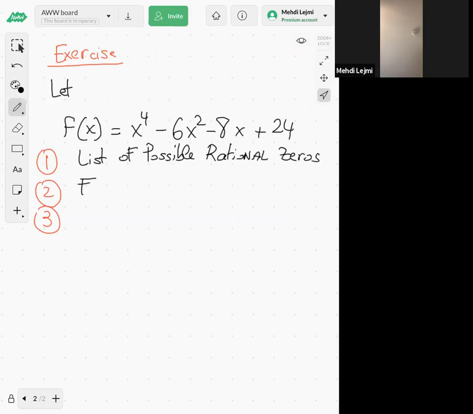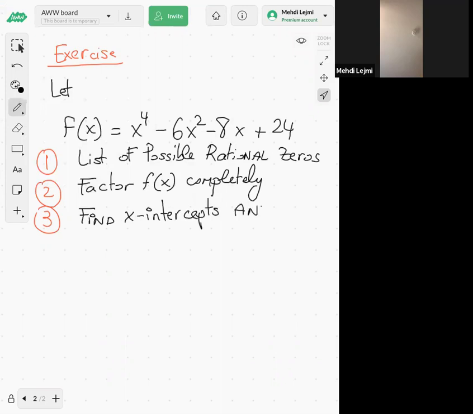Factor f of x completely. And 3, find the x-intercepts and their multiplicities.